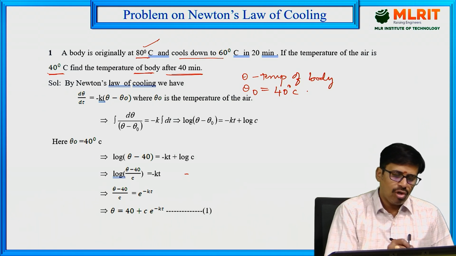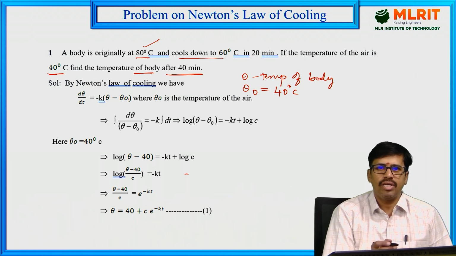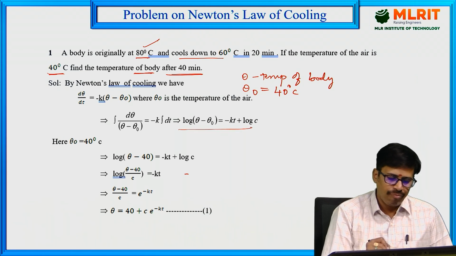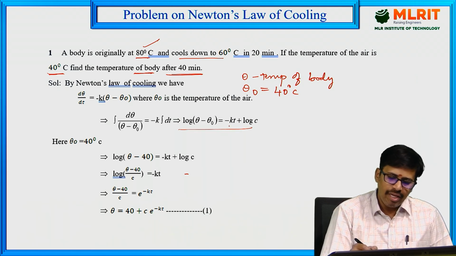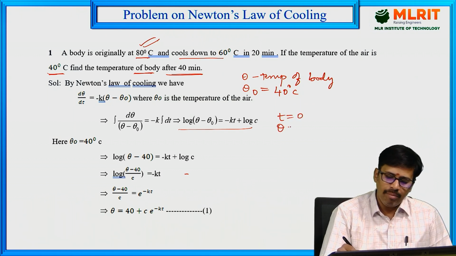So by Newton's law of cooling, we can write d theta by dt is equal to minus k into theta minus theta naught. Separating the variables on both sides and integrating, we get this equation. Here initially means time t equal to 0. At time t equal to 0, what is the temperature? 80 degrees. So at t equal to 0, theta is 80 degrees.